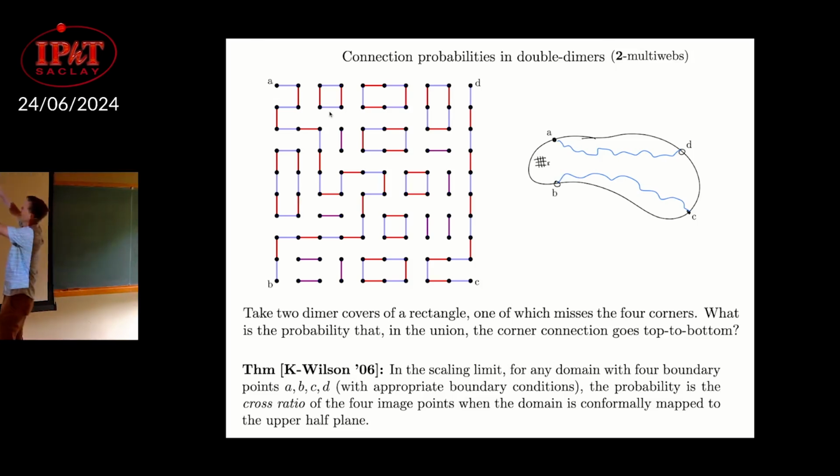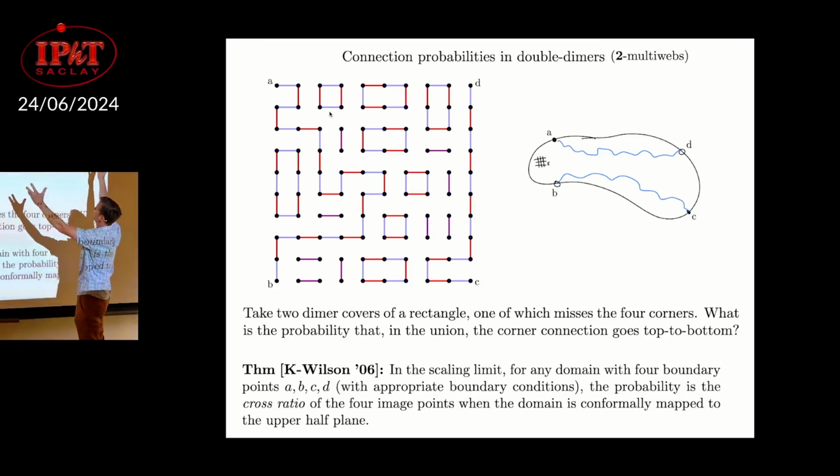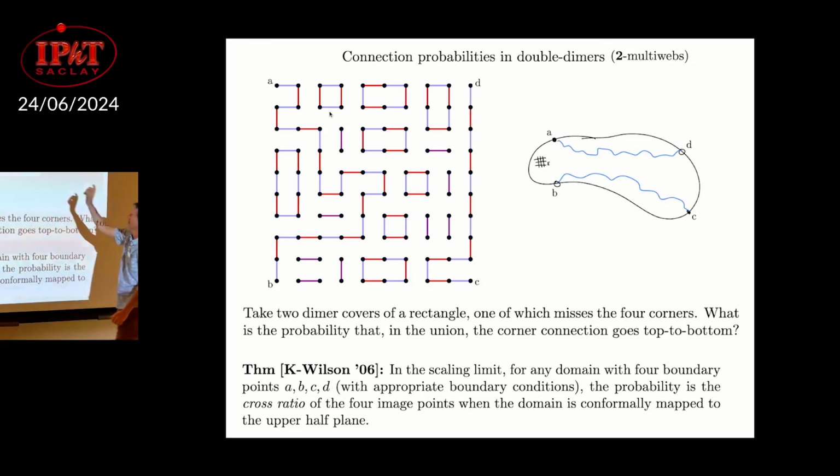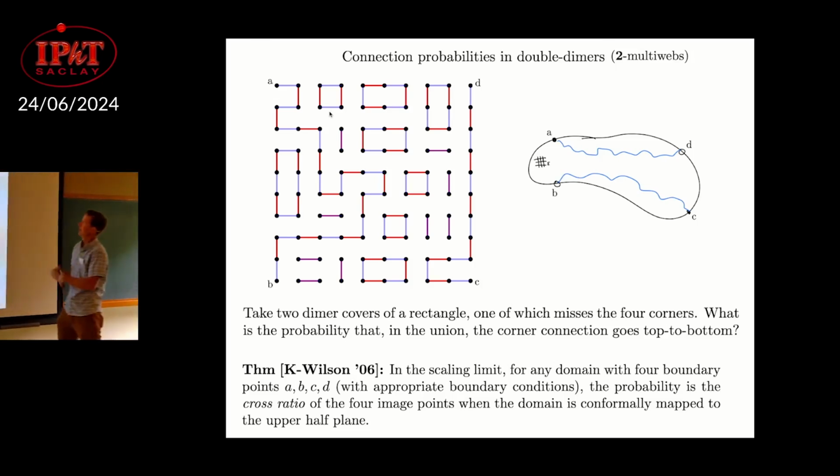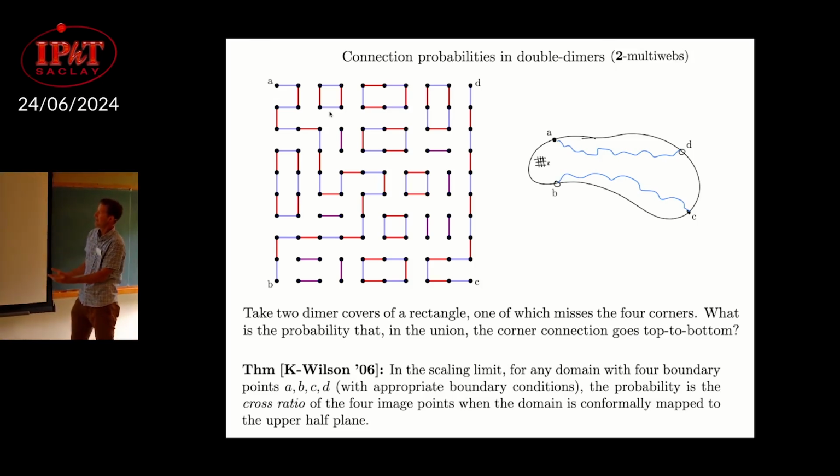But if you have a more complicated domain, like this peanut-shaped domain in the Z-squared lattice, and I take the lattice spacing epsilon tending to 0, then this probability converges as epsilon goes to 0 to some non-trivial number.